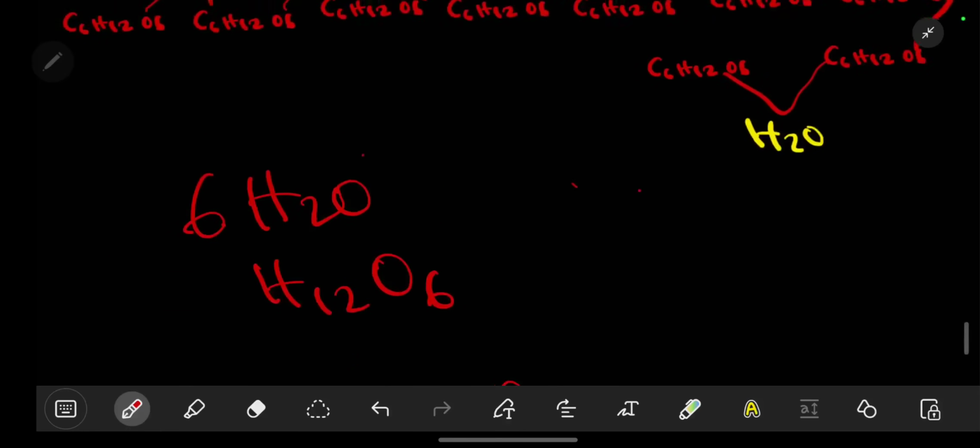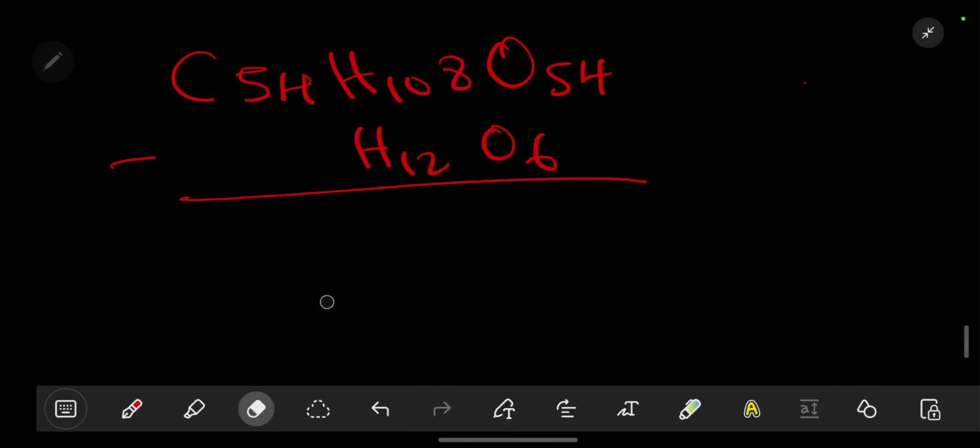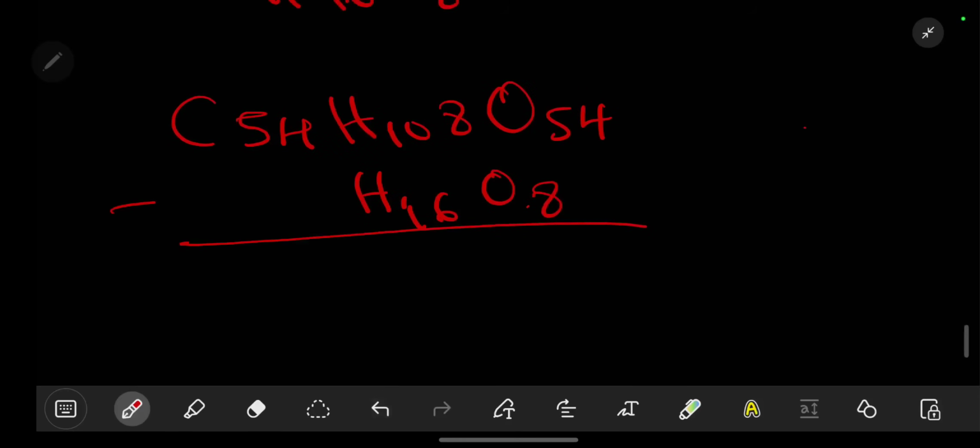Why am I having 6? It's not 6 moles of water lost, but it's 8. So here we should have 16, then here we should have 8. So we have H16 and O8. So we are going to subtract our 54 minus 8.